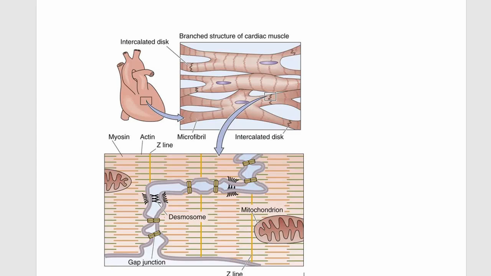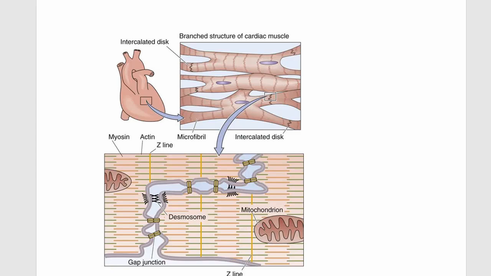So these are what permit the rapid spread of these action potentials from one cell to the next, and this helps ensure synchronous contraction of the entire myocardium. So these gap junctions here. In addition to that, you have these desmosomes.